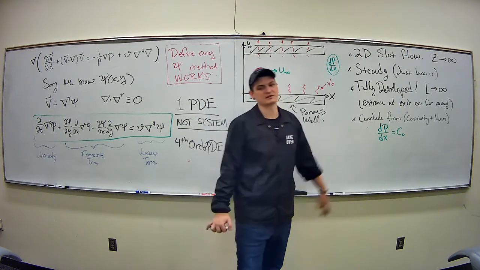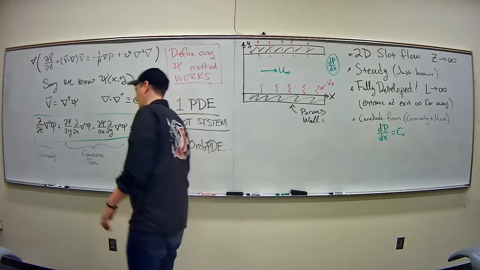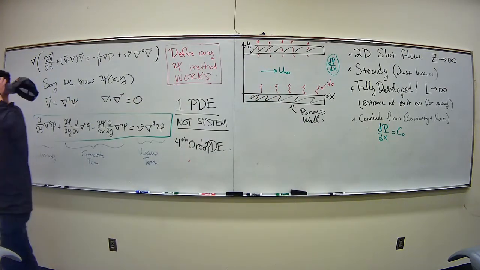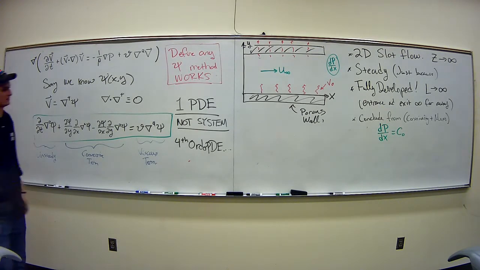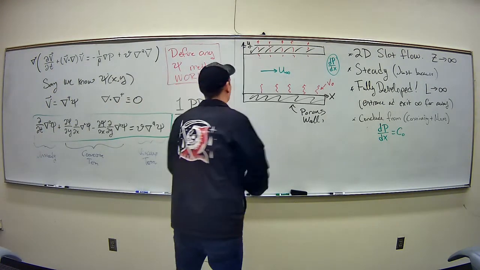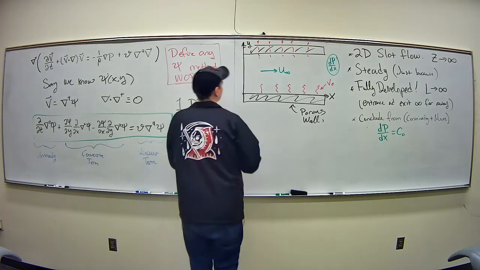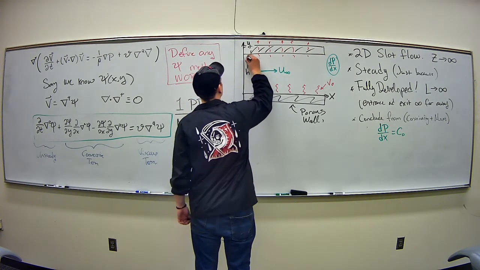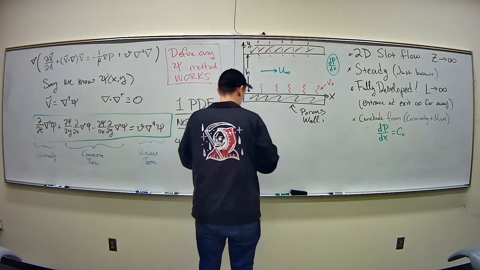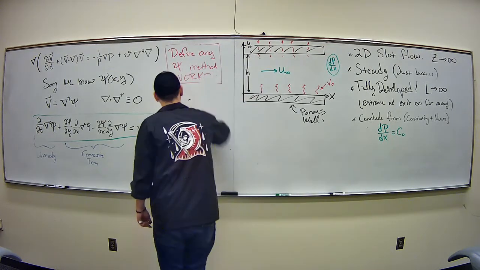This conclusion gives you a constant pressure gradient in the axial direction. That's really everything we need right now. Okay. So now let's think about this problem, and we'll have some h as well. Slot thickness.